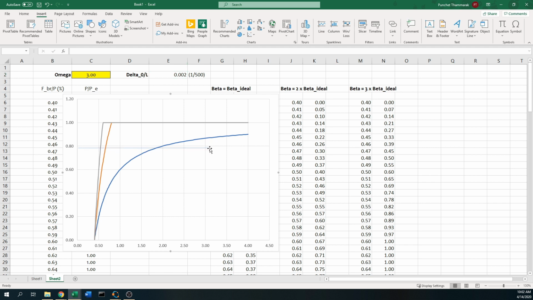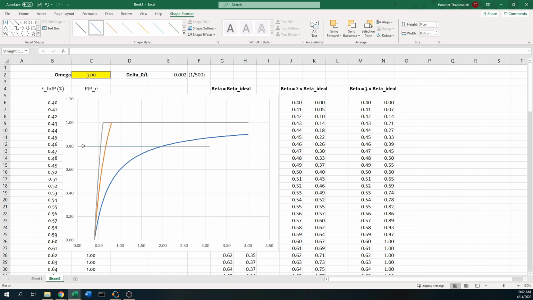If I want to come up with this force magnitude, which is somewhere around, if it is just 80% of the PE, you find that the bracing force is somewhere around 0.5 or 0.6% if the brace stiffness is high. If the brace stiffness is just 2 times the ideal brace stiffness, it increased from this to this, so it might be around 0.7. And if you only provide the brace stiffness equal to the ideal brace stiffness, then you need 2%.